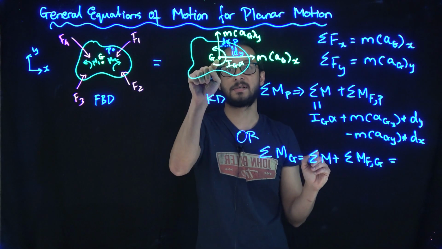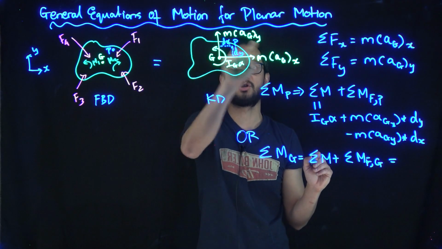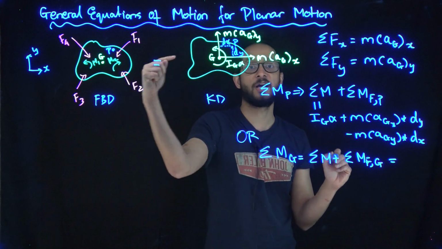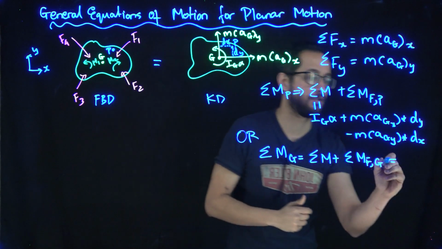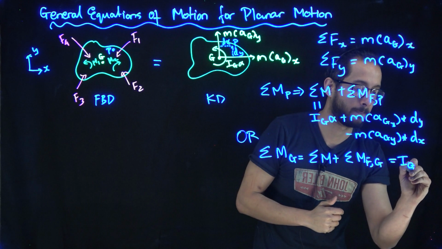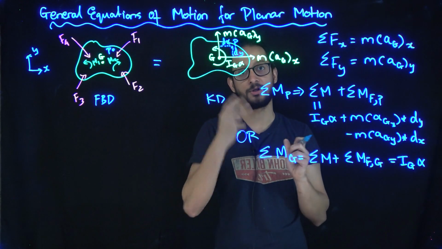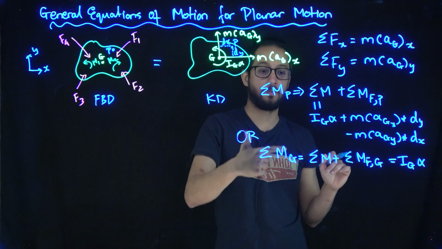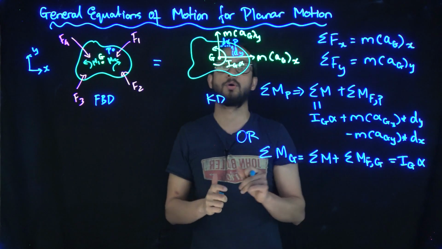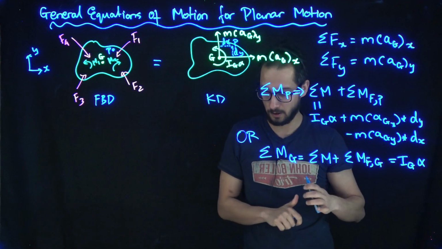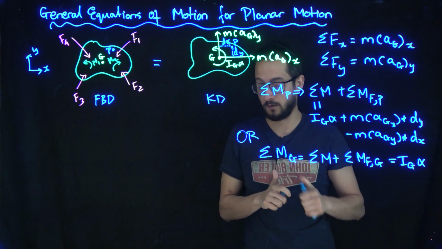Now you're taking moments about the point G, so m aGy and m aGx pass through that point, so those terms are not there. So this is just simply equal to IG alpha. So these end up giving you three expressions for your forces and your moments. And this is true for any kind of planar motion for rigid bodies.